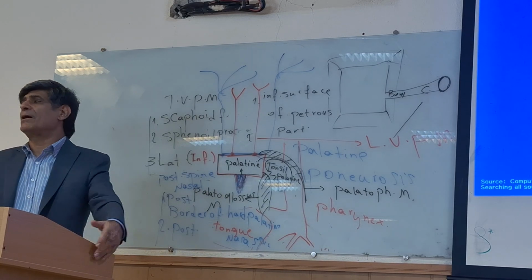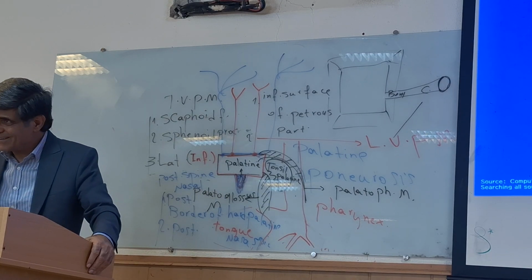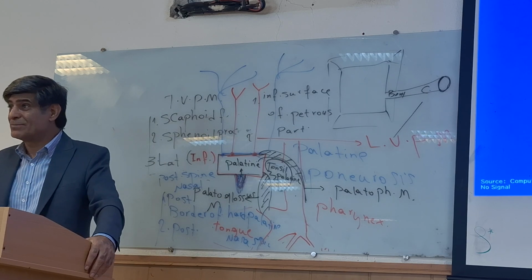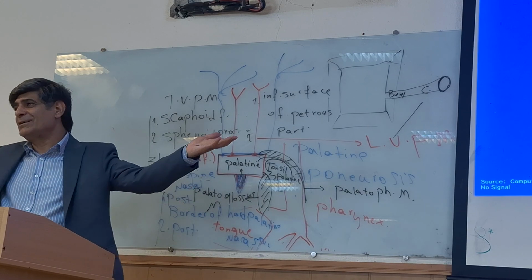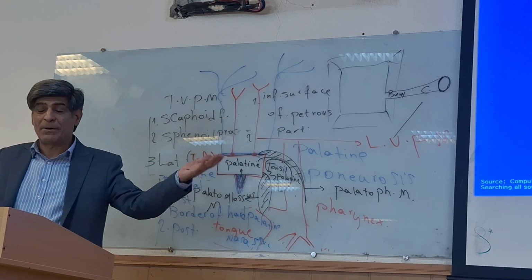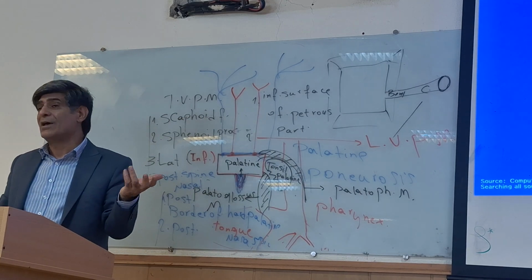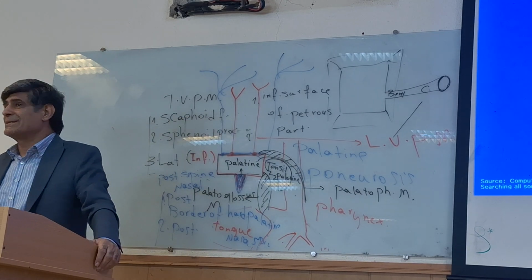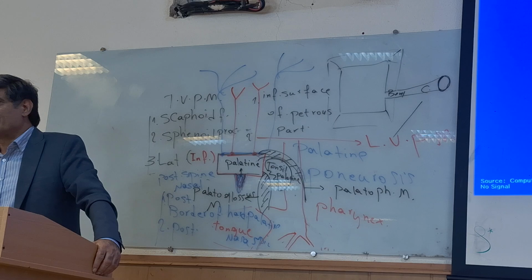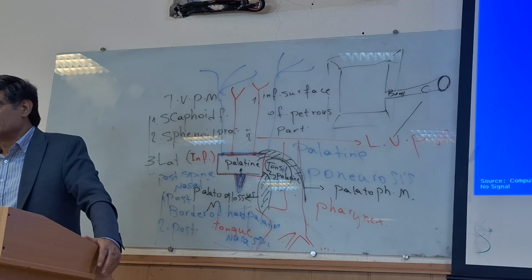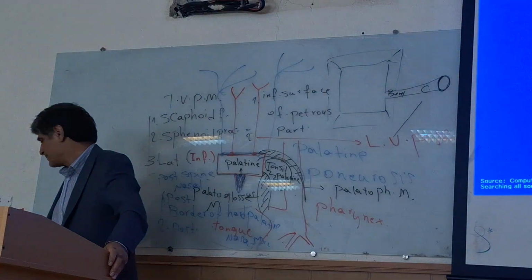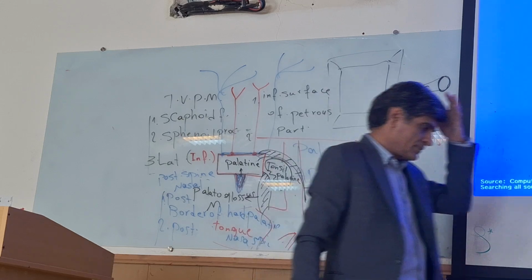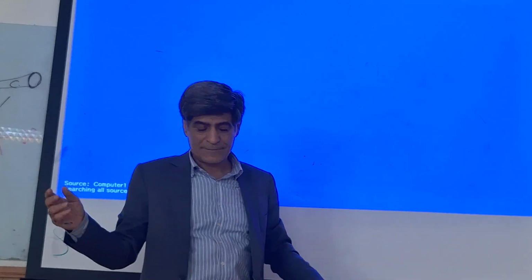All the muscles are nerve supplied by the pharyngeal plexus, except tensor veli palatini. Final questions: which muscles are supplied by the pharyngeal plexus except the tensor? Did you understand these muscles?